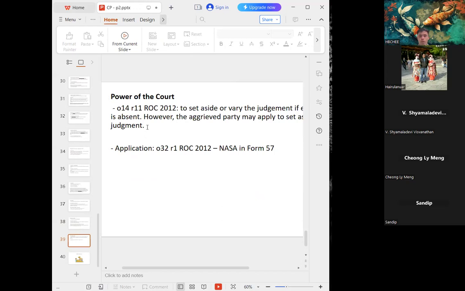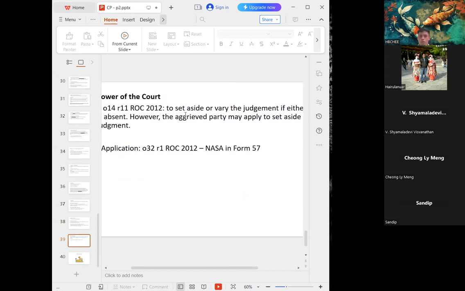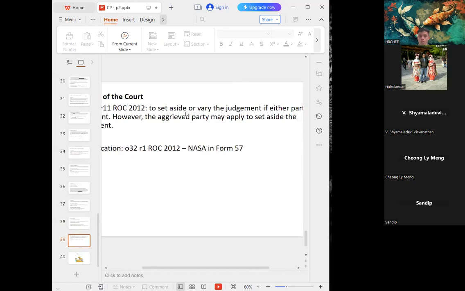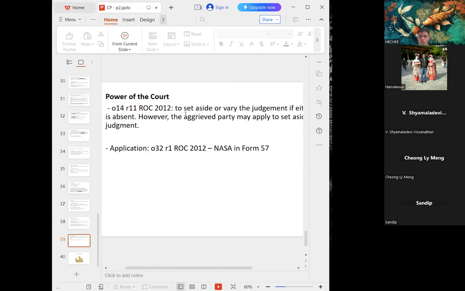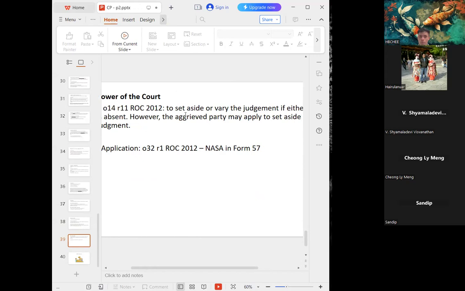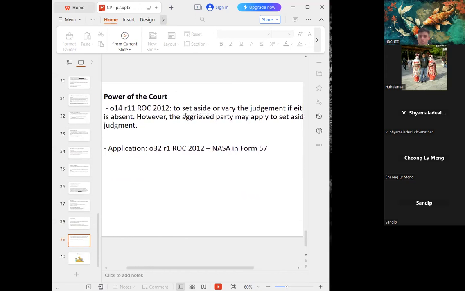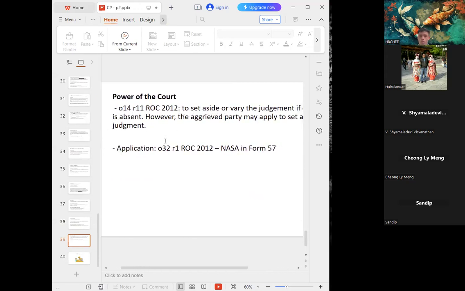Now, the power of the court under this summary judgment: they will set aside or override the judgment if either party is absent. However, the aggrieved party may apply to set aside the summary judgment. How to apply? Order 32(b)(1) again. So what does it mean?